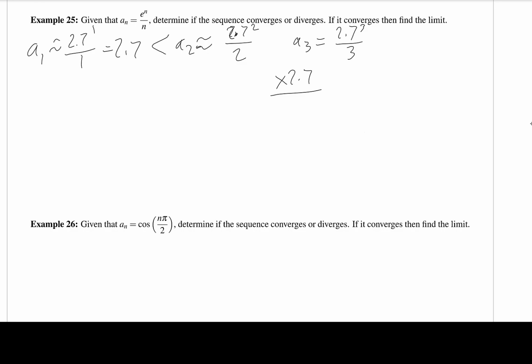On bottom, I must have multiplied by 3 over 2. So the number I'm multiplying by on top is bigger, which tells me that I'm multiplying by something greater than 1, so this has to be increasing. And in fact, this is going to be increasing the rest of the time. So we've discovered that this is an increasing sequence.